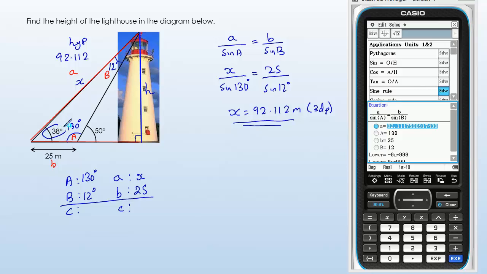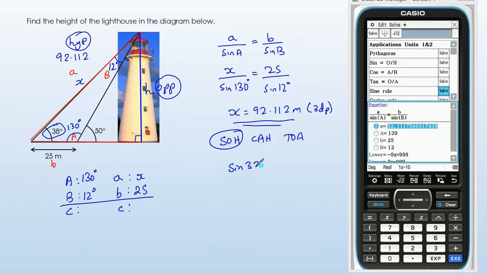Now we know this angle in that right angle triangle, and compared to that angle, this side is the opposite. If we use SOH CAH TOA, opposite and hypotenuse means we're using sine.